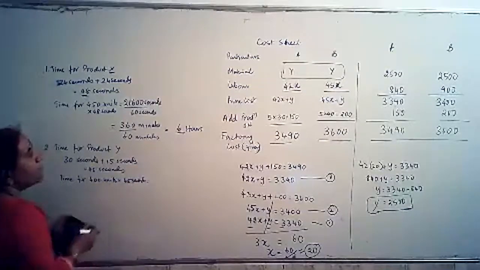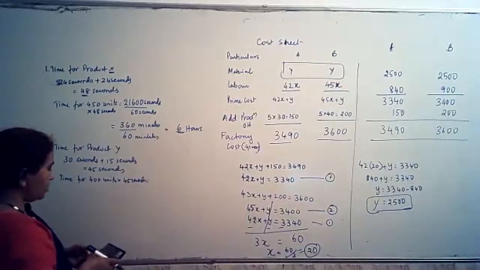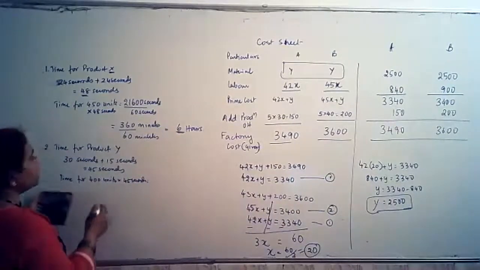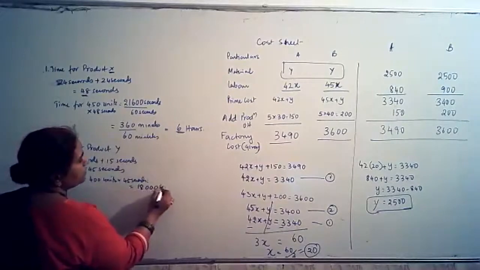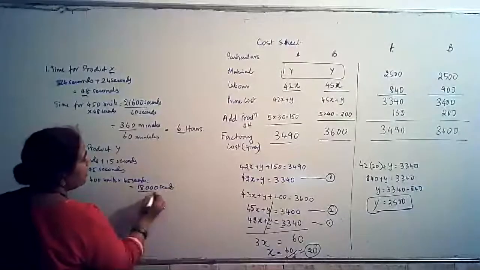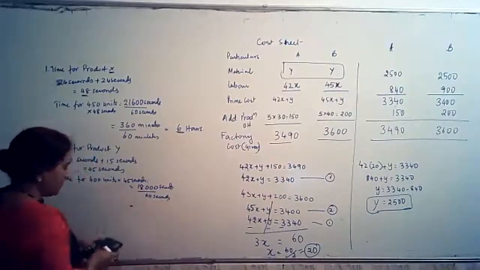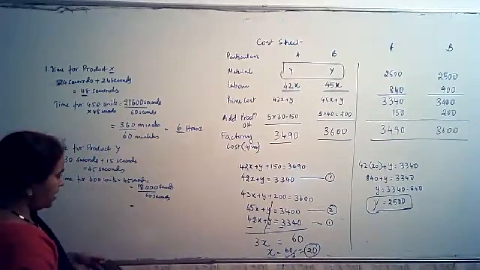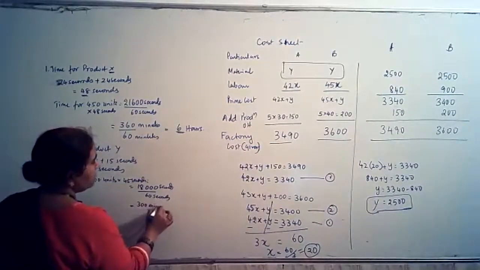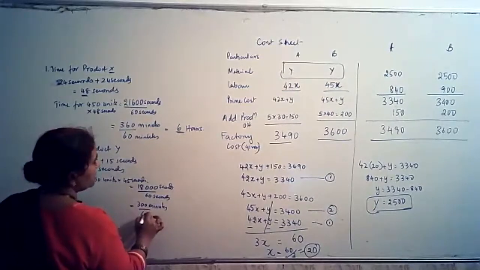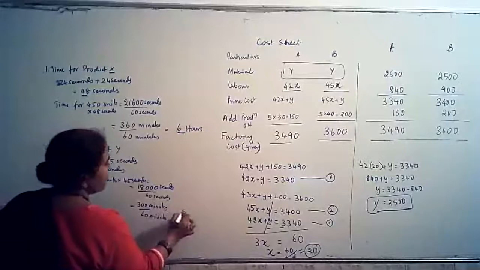If I multiply 400 into 45 seconds, I get 18,000. This will be 18,000 seconds. I divide it by 60 seconds, which gives me 300 minutes. Divide again by 60 minutes, which will give me 5 hours.